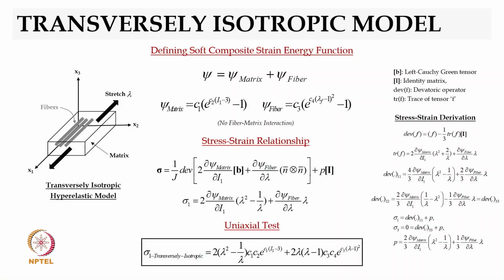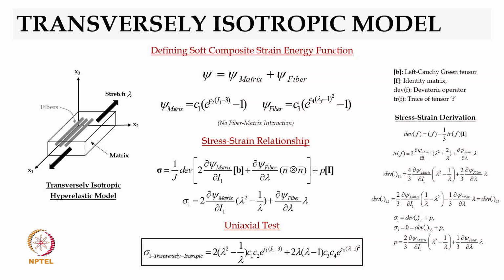You can apply a log to it and it will come back to its form. C1 times (I1 minus 3), the whole thing, plus 2 times λ, (λ minus 1), C3 C4, the third and fourth parameters, exponential of C3 (λ minus 1) whole square. This is all in the exponential.